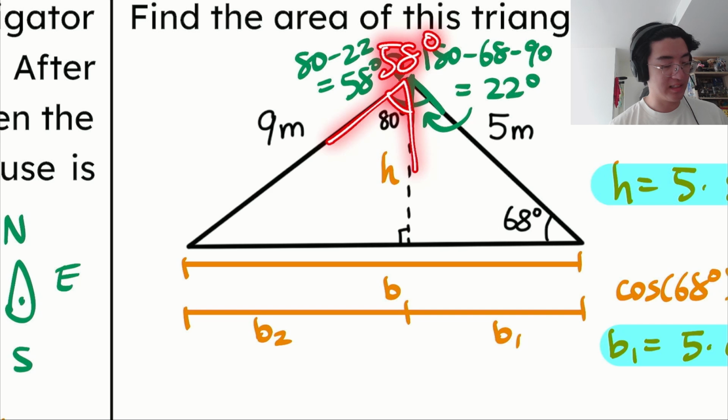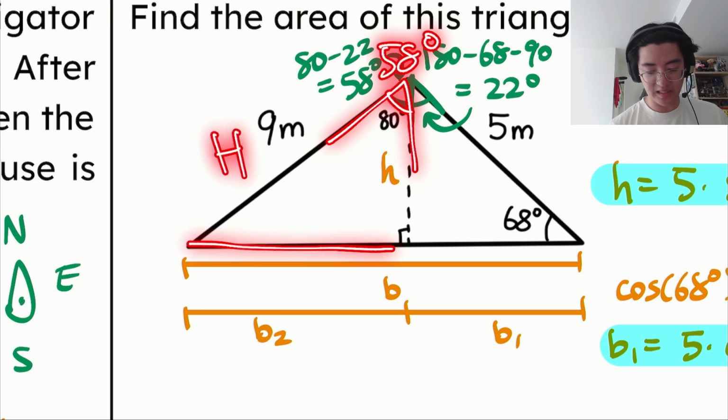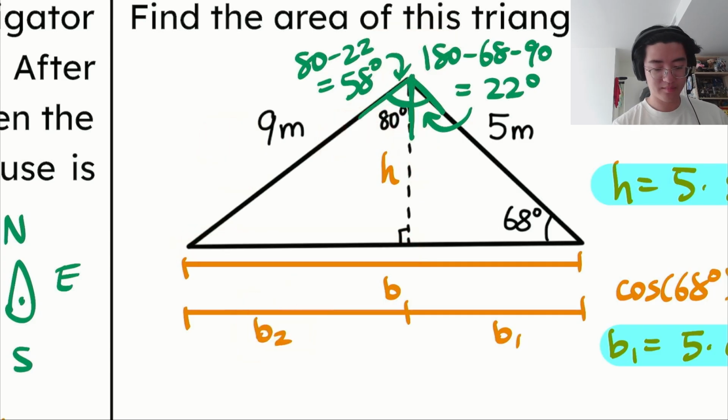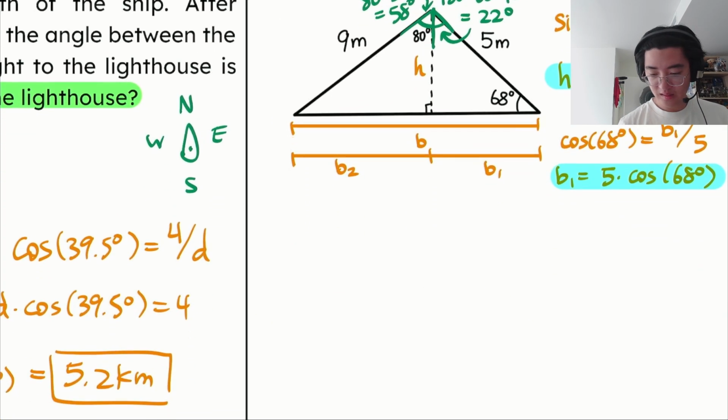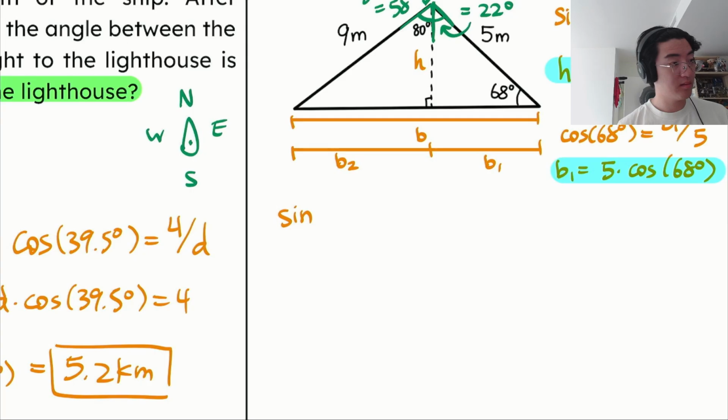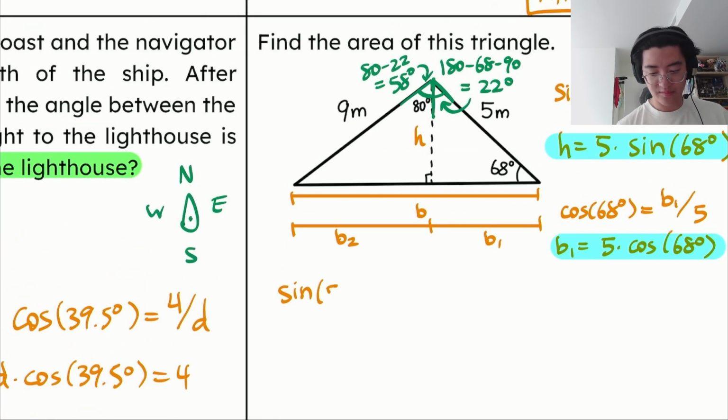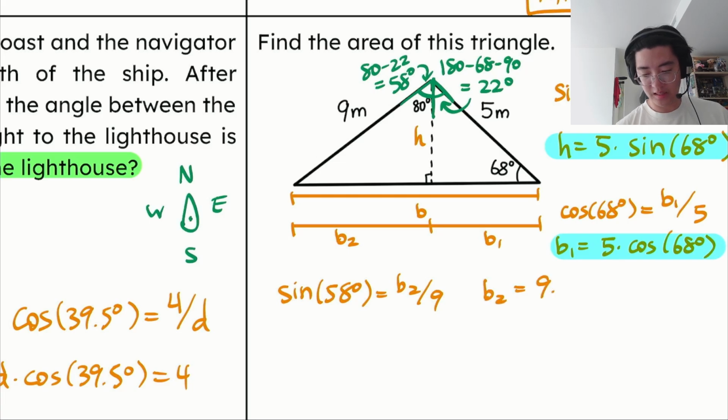We have the hypotenuse, and now we want B2. We already found the h, but we want B2 now, which is the opposite. So sine of 58 is B2 over 9. So B2 is just 9 times sine 58. That's everything we need.